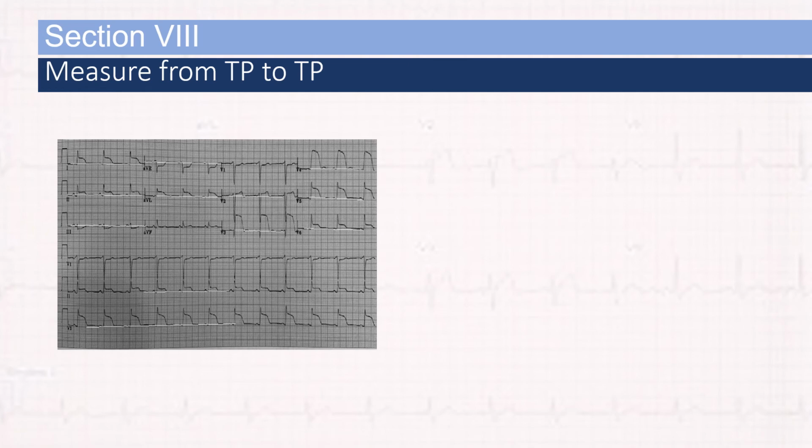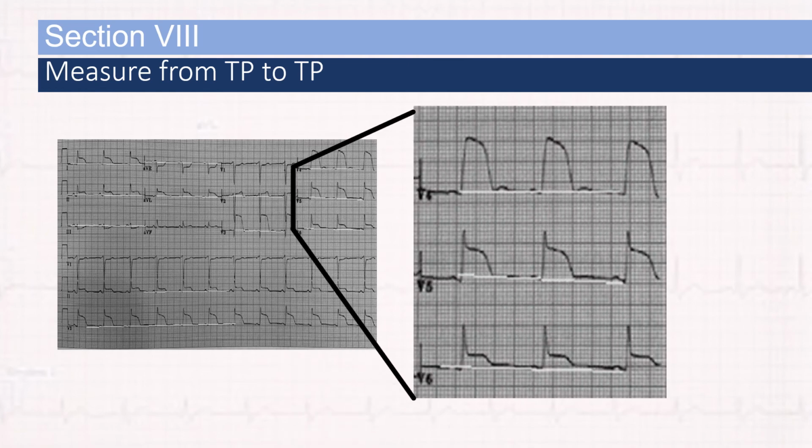But elevated or depressed from what? What is that line? If we expand this a little bit, you will see a white line. That line is created by taking the TP segment from one complex to the next and to the next and drawing a straight line across. I will highlight the TP segments in yellow so you have a better understanding.